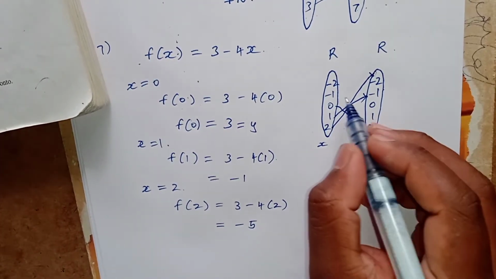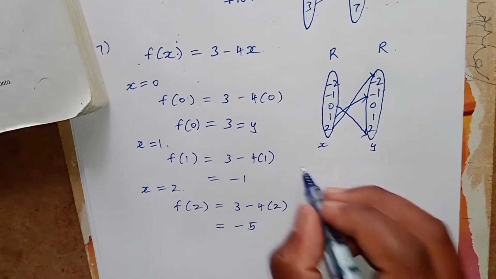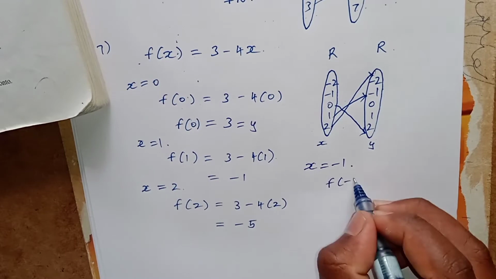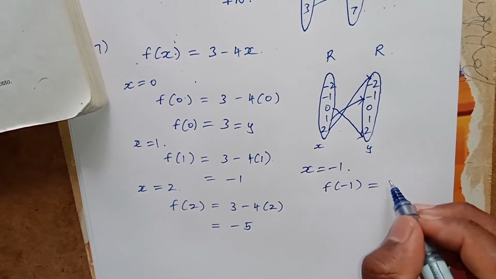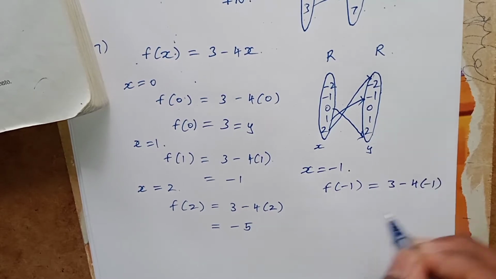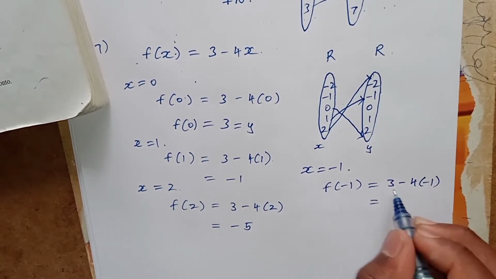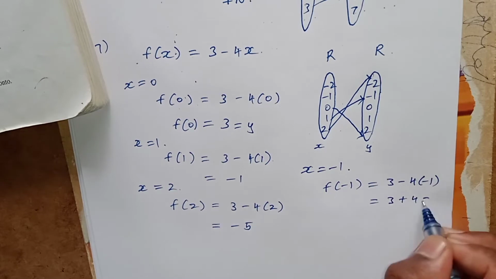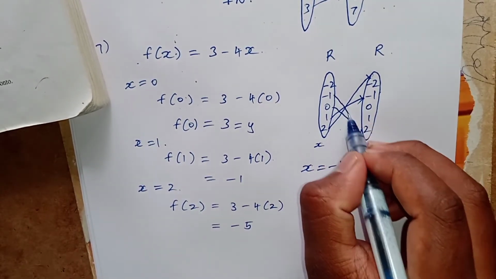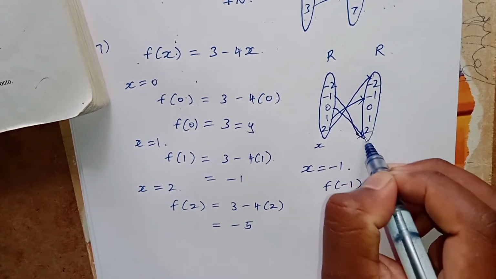Next, x equal to -1. f of -1 is equal to 3 minus 4 into -1. Minus into minus is plus, 3 plus 4 equal to 7. Therefore, for -1, here it is 7.